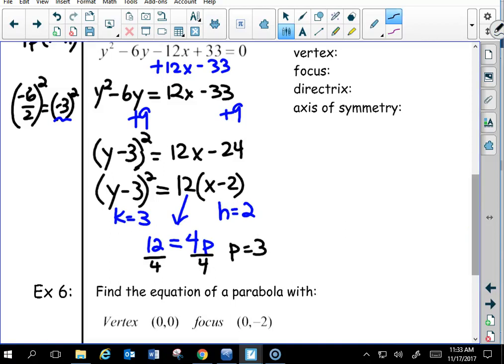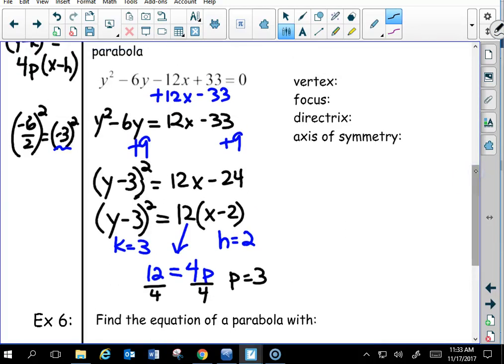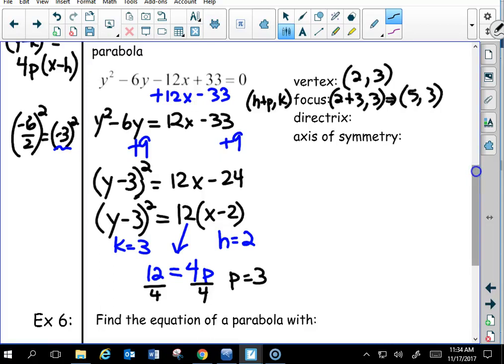Okay, that'll allow us to fill in our vertex, which is at h, k. The focus is at h plus p, k. All right, so h is 2 plus p is 3, comma k is also 3, which leads to the ordered pair 5, 3.